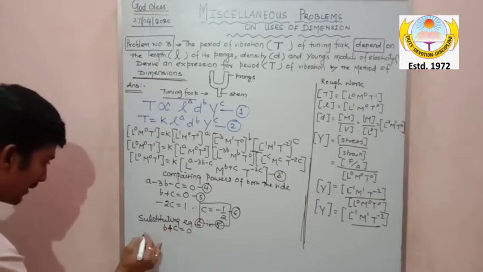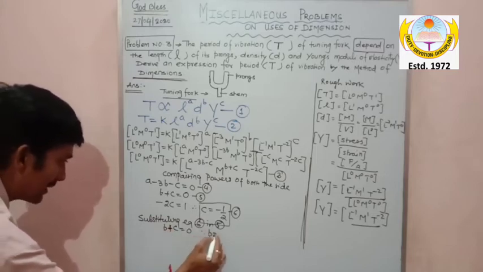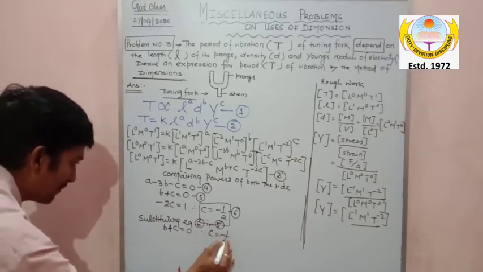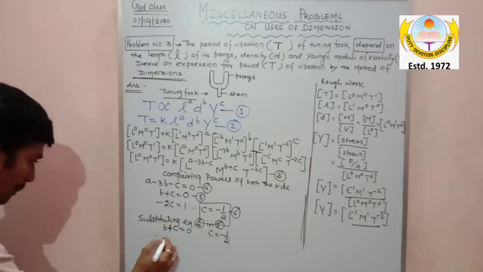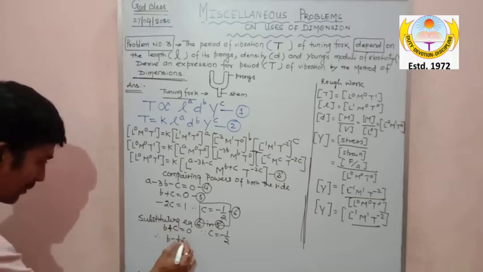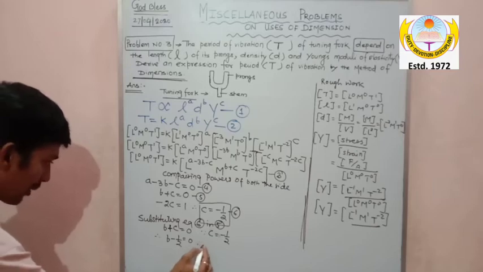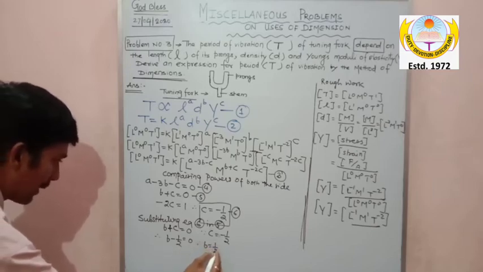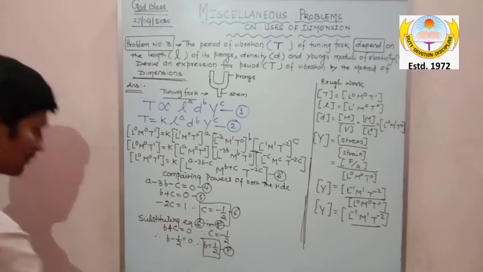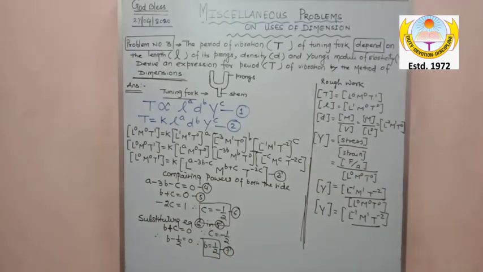So since C is equal to minus half, you can see, therefore B minus half, in place of C I have written minus half, is equal to 0. So now you tell me what is B? B is equal to plus half. Equation number 7. I got B is equal to plus half, C is equal to minus half.